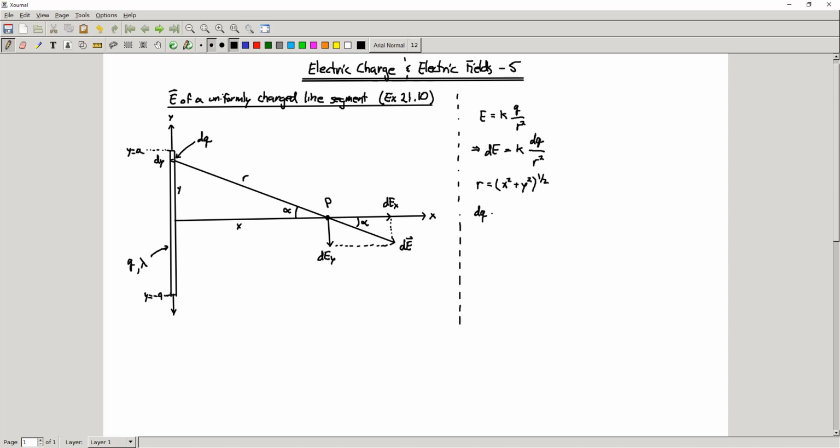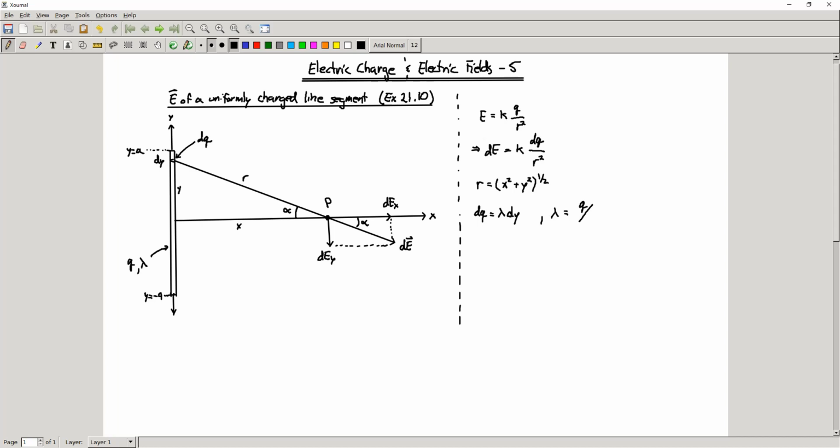And so dq is just going to be the charge per unit length times the length. Well, the length here is just dy, right? We're talking about infinitesimal lengths. We're doing an integration over these tiny little dy's. So for a uniformly charged line segment, our lambda is going to end up being Q over whatever our length is.